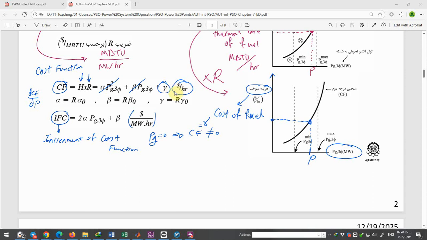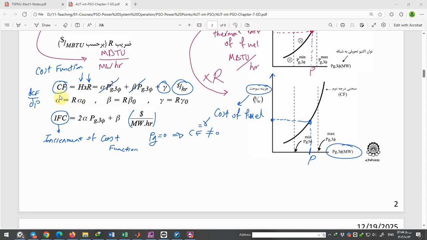If you don't produce any power, you have to pay gamma dollar per hour for only construction or salary of personnel, and we introduce the cost function for the cost of a power plant.